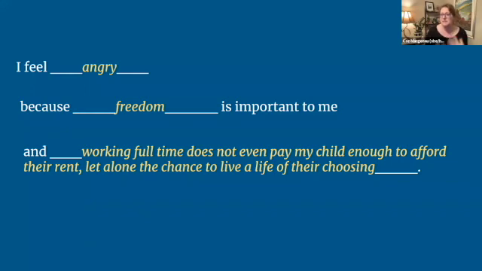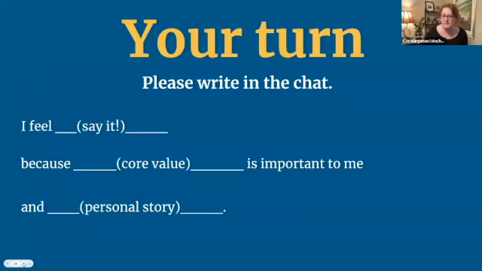And working full time does not even pay my child enough to afford their rent, let alone a chance to live a life of their choosing, right? So do that homework ahead of time to really identify it and then put the words to it, to be able to say it. So when you're in conversation with someone, you can pull this out of your back pocket and use those good common words. You're saying these words out loud.